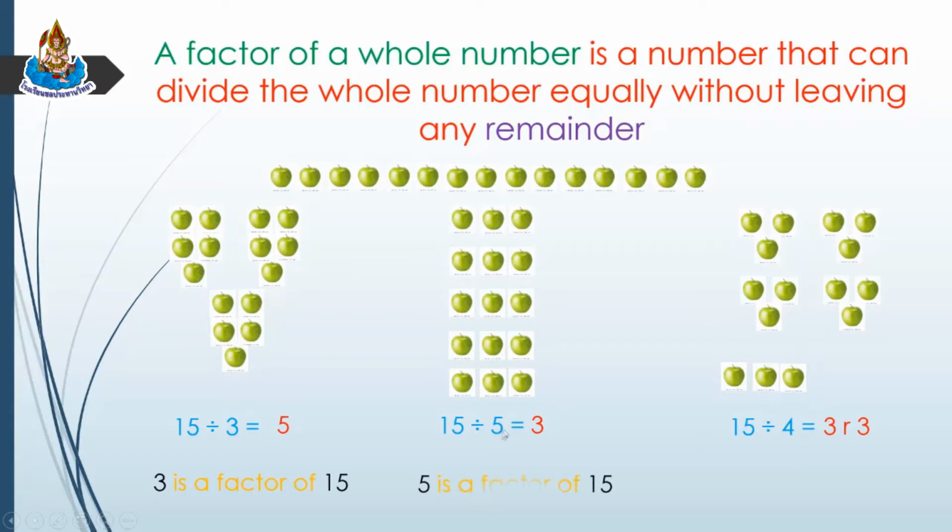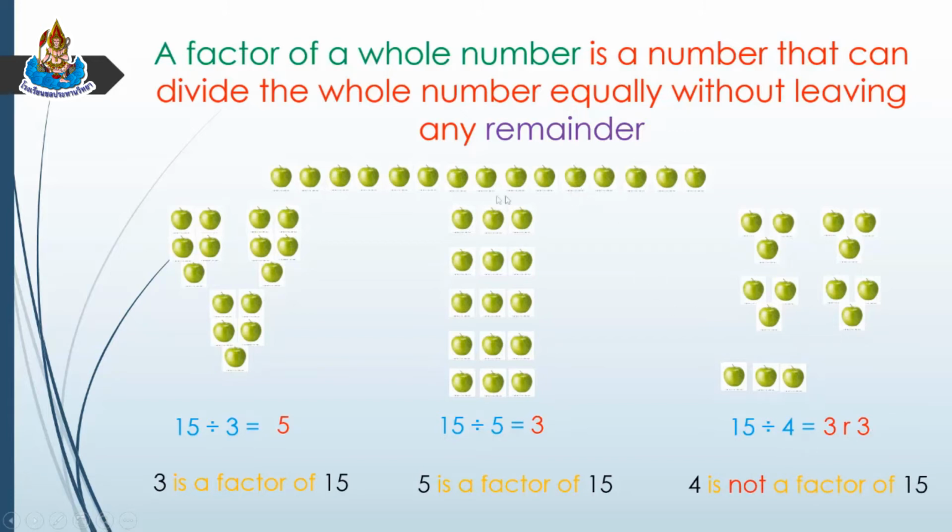So 5 is a factor of 15 as well. But what about 4? 4 cannot divide 15 exactly in equal parts. We have 3 equal parts and 3 as a remainder. So 4 is not a factor of 15.